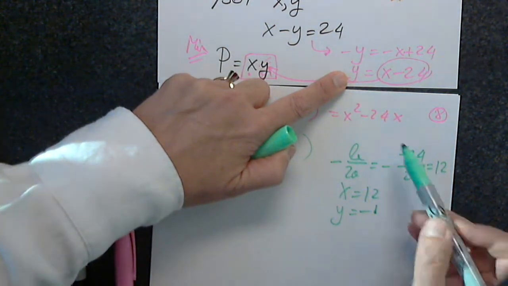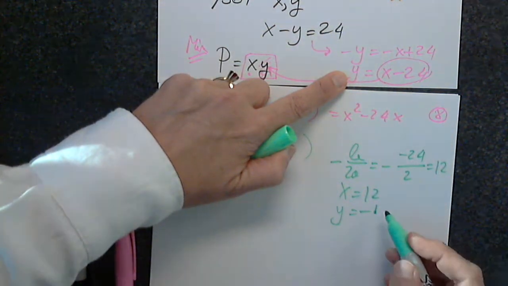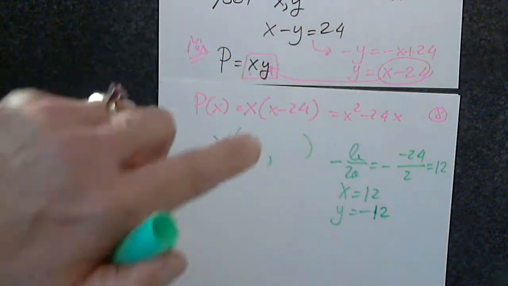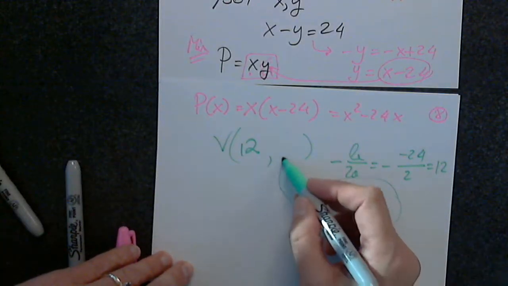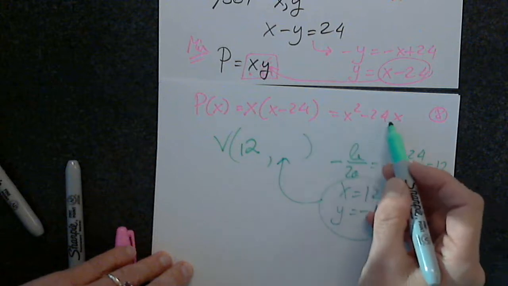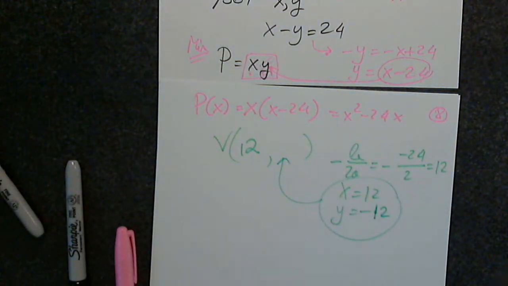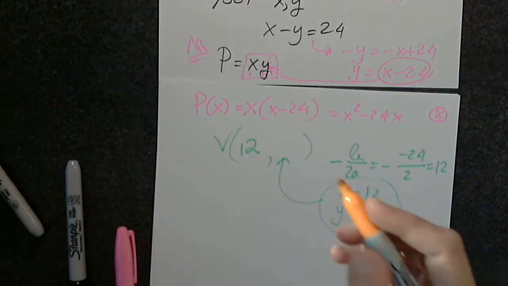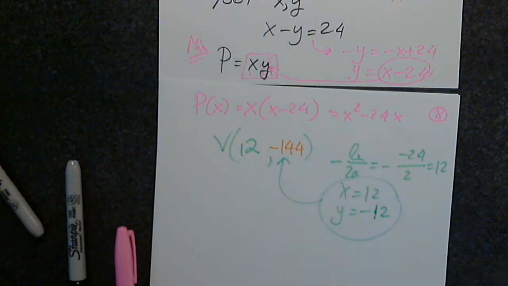That's okay. Negative 12. So if x is 12, how much is y? Negative 12. And now please give me the product. Or you go back with this 12 and evaluate the function, but it's easier if I just determine the product. Negative 144.